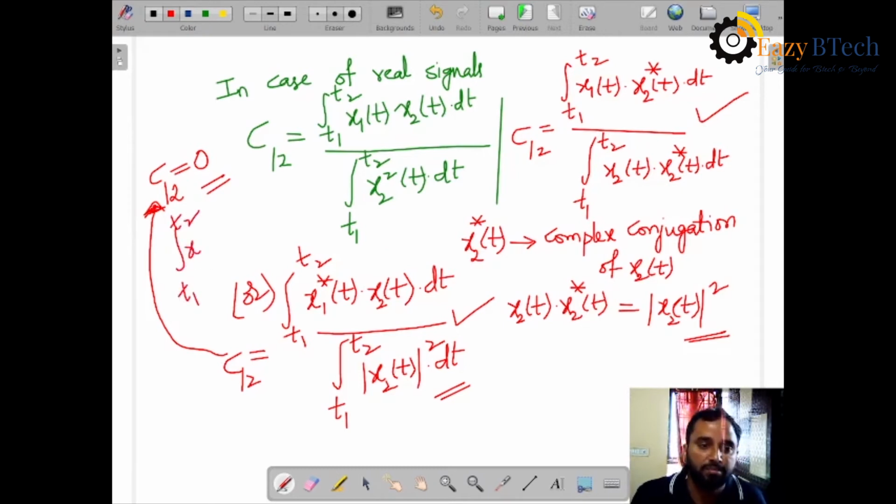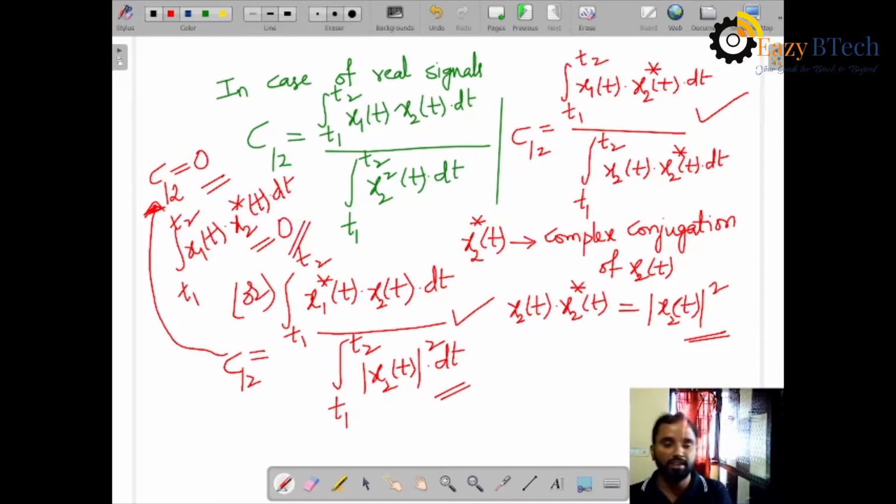I am taking the first option, x1 of t into x2 star of t dt. If this integral is 0, what is the meaning? Integral t1 to t2 x1 of t into x2 star of t dt is equal to 0, which means C12 value is 0, which means the two complex signals x1 of t and x2 of t are orthogonal signals over the interval t1 to t2.